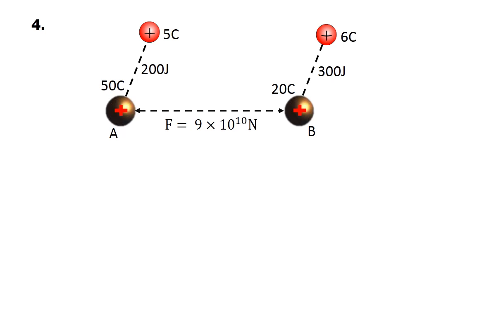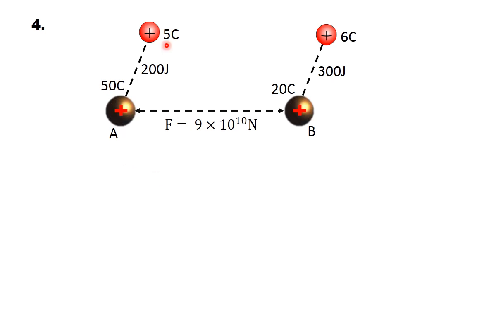Let's have a look at creative question number 4. In that creative question, you can see a diagram, and there are two charges A and B. The first charge is given here as 50 coulomb, and the second charge is 20 coulomb, and the existing force between the two charges is given here F equal to 9 into 10 to the power 10 Newton.